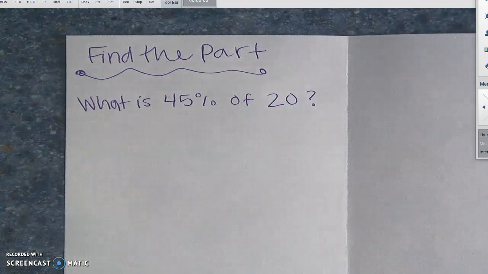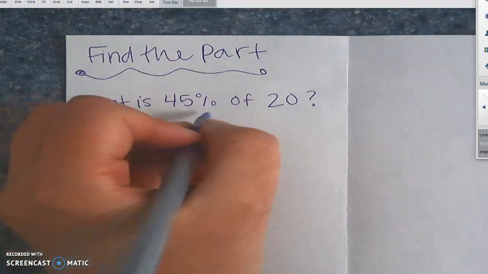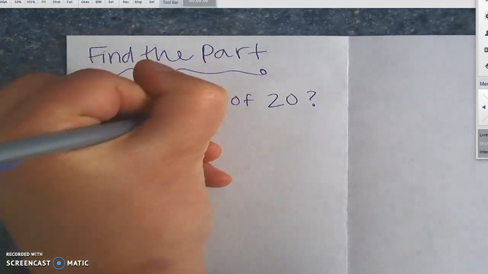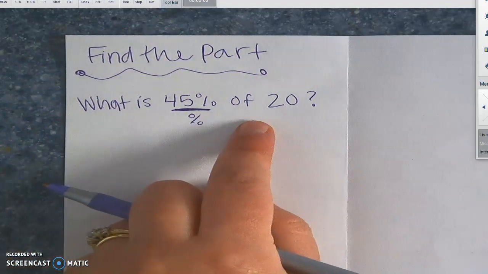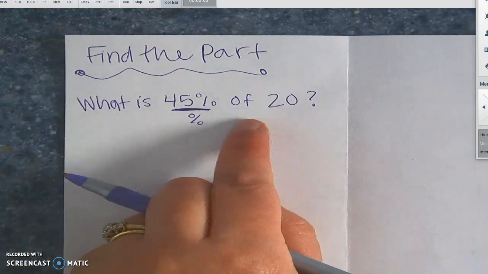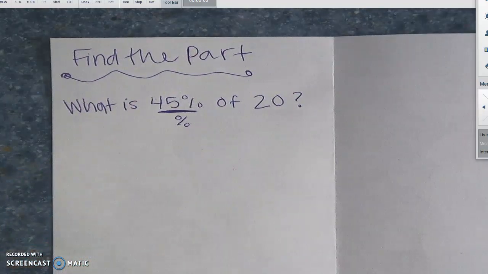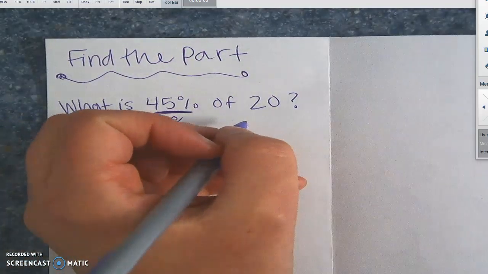In this question, we have a part, a whole, and a percent out of 100. 45%, that's my percent, so I'm going to underline that and label it as my percent. Of 20. This "of" sometimes is a keyword that gives us a hint that it's talking about the whole.